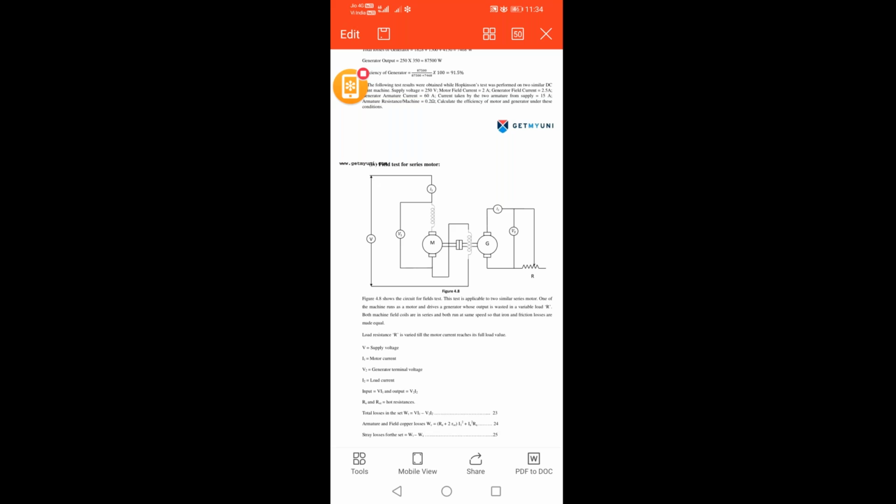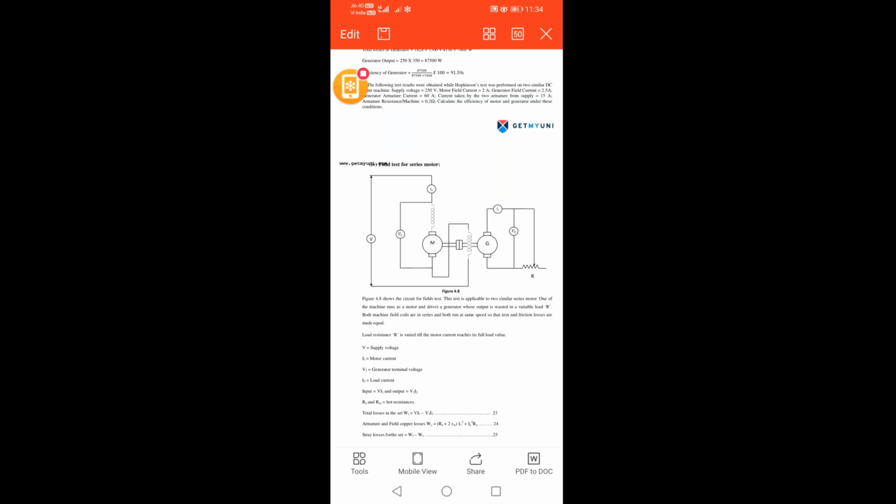Why are we considering armature and field copper losses? Because both have low resistance values, so copper losses are available. Finally, the efficiency of the motor is V into I1 minus total losses, divided by V into I1, into 100. This is the efficiency of a motor.